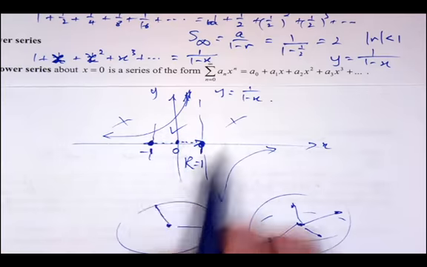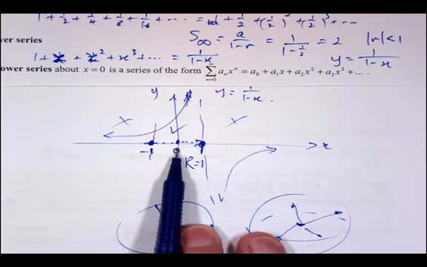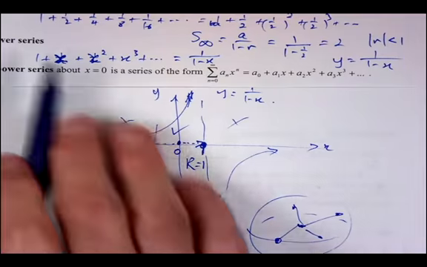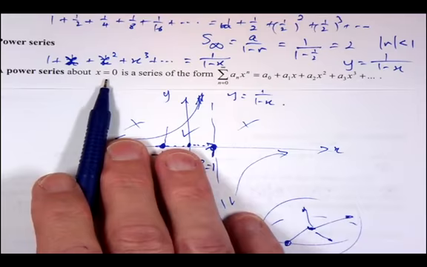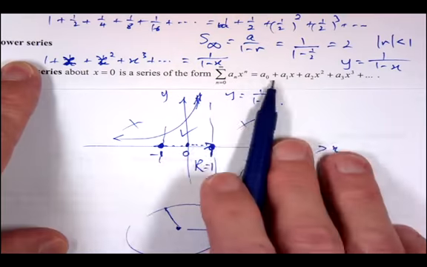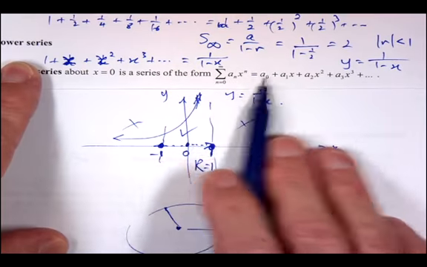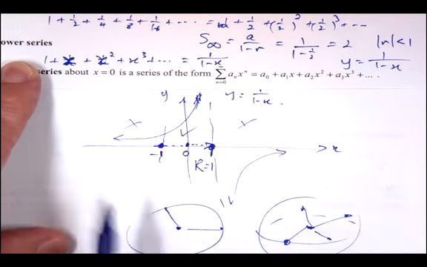You can see the approximation is centred about the origin. Okay? So this is a power series about x equals 0. And you see that it matches up with what I'm talking about here, with all of these A0s and A1s just as 1. Okay? So that's where we're up to.